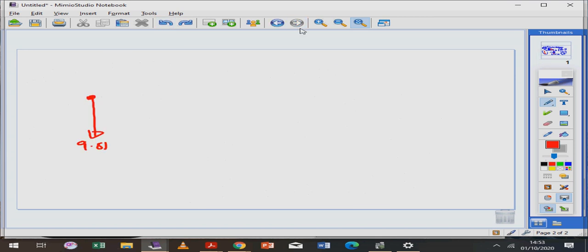But if I'm looking at the entire system and I want to see what forces affect its motion, then the only external force on the system is the 9.8 newtons, and its equation of motion would be F net equals mass times acceleration.